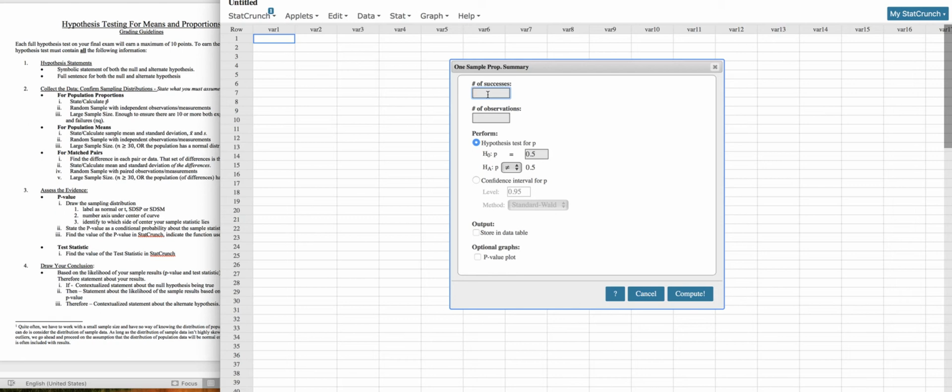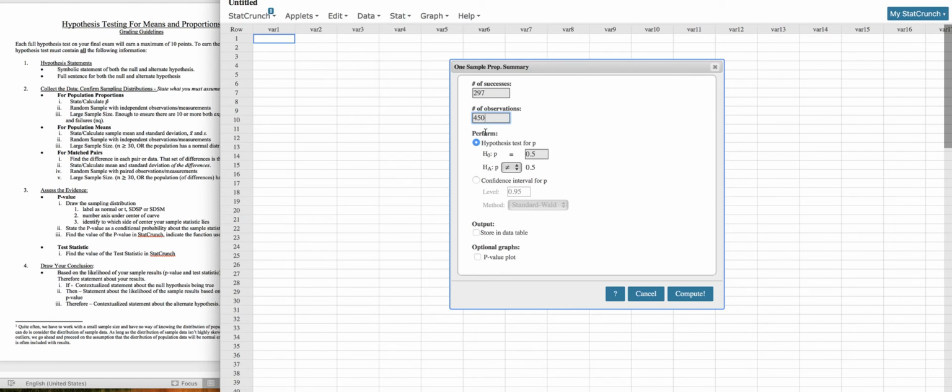And we get 297. So 297 is 66% of our sample of 450. So that is the number of the sample that are currently drinking alcohol. Number of observations is our sample size of 450.